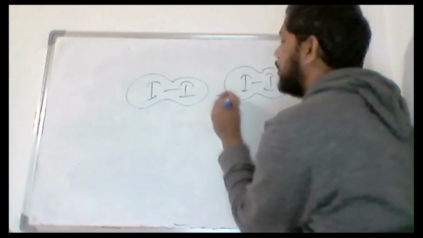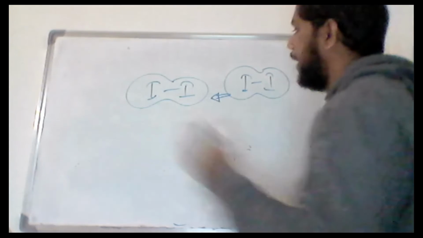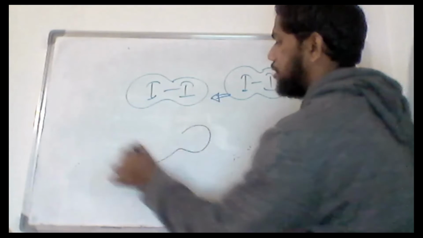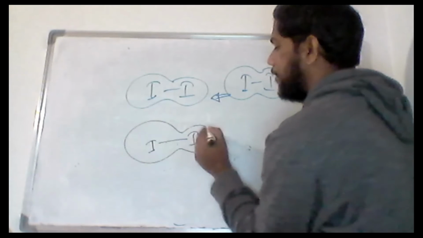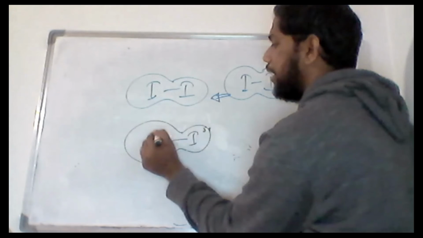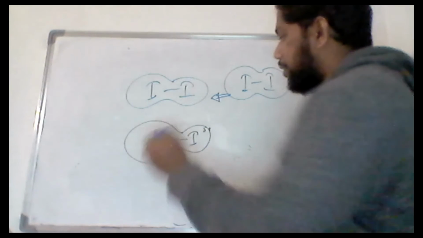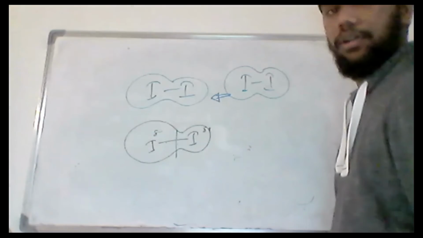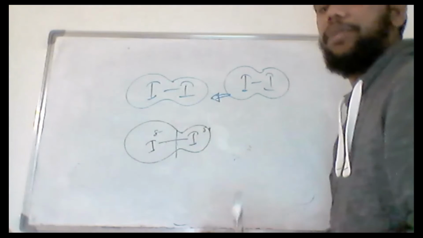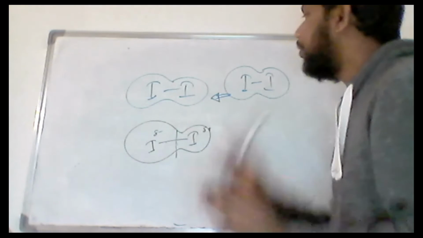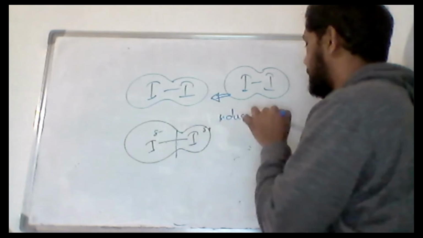So this electron cloud will repulse this, and at the end, it will be like this. Here there will be a slightly positive charge, here there will be a slightly negative charge. And now this is a dipole. But in this case, this is not a permanent situation. Therefore, that is why we call this an induced dipole.